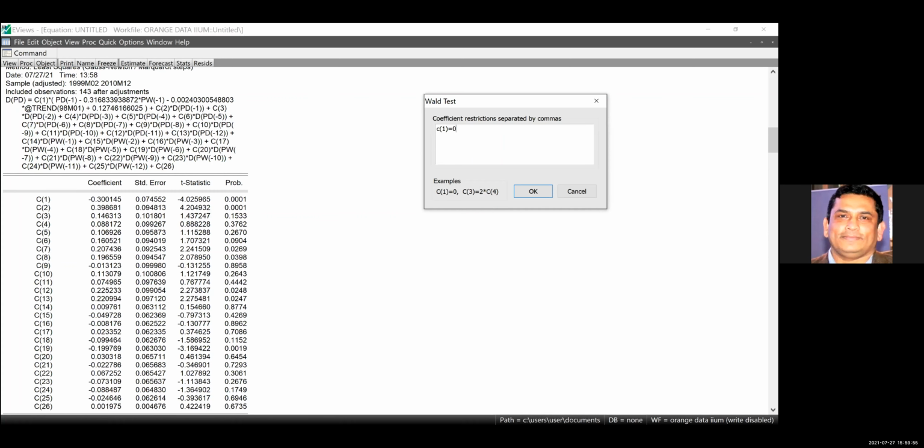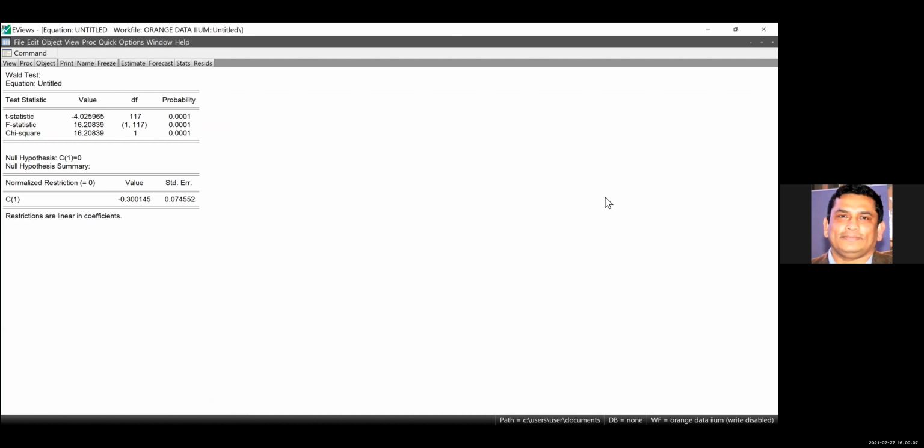This is in the system case, but it's also possible in the output window that I showed in the vector error correction model. So you can't reject that one. I mean, C is significant. That's already found, so the C1 value is not 0, right? So you can do all the tests in that way.